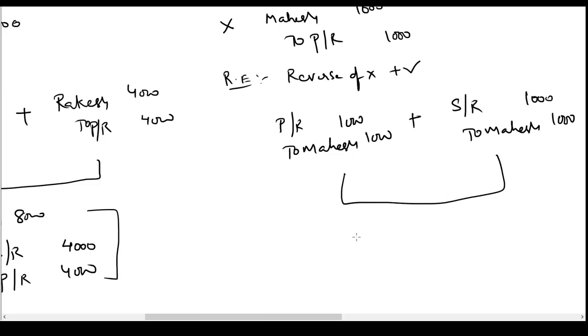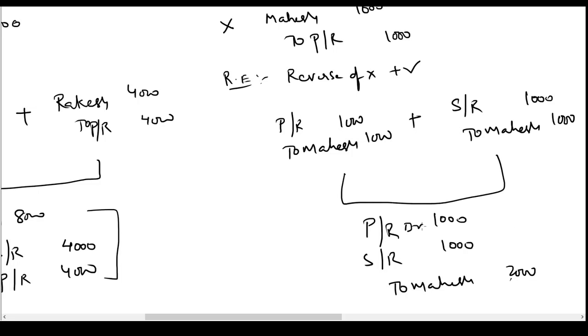So the net effect would be purchase returns account debit 1,000, sales returns debit 1,000, to Mahesh will be credited with 2,000. So this is the entry we will pass.